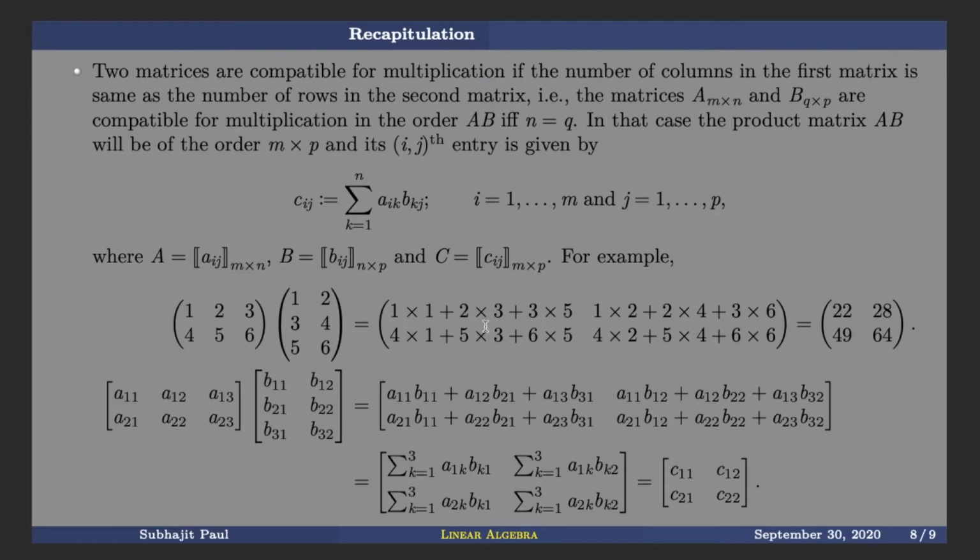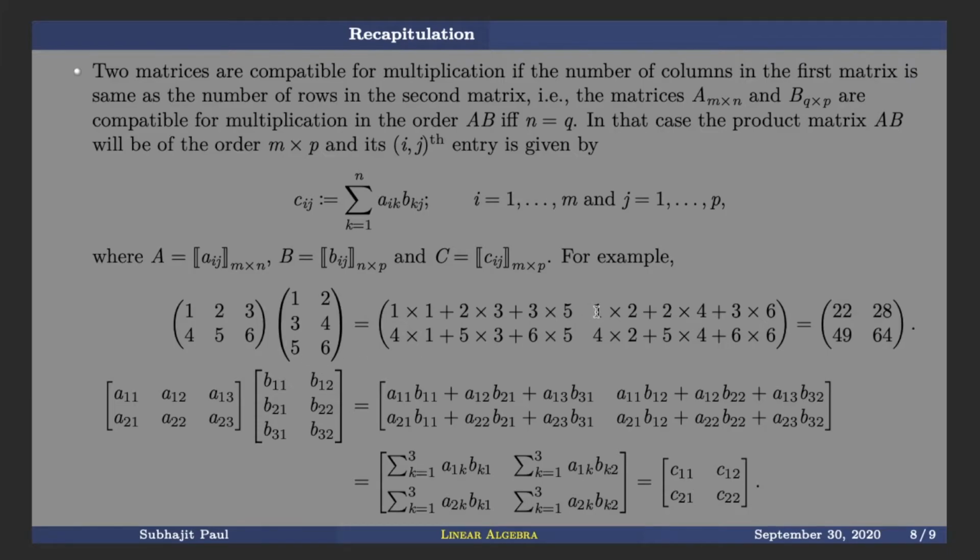This entry in the product matrix is the 1,1 entry. The 1,1 entry is given by the first row of the left matrix and the first column of the second matrix. So 1 into 1 plus 2 into 3 plus 3 into 5, that you write here.